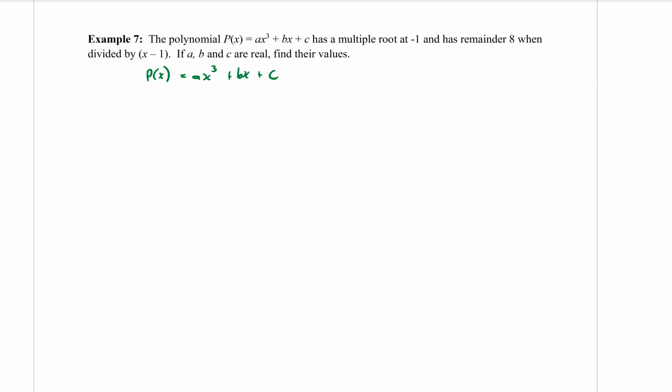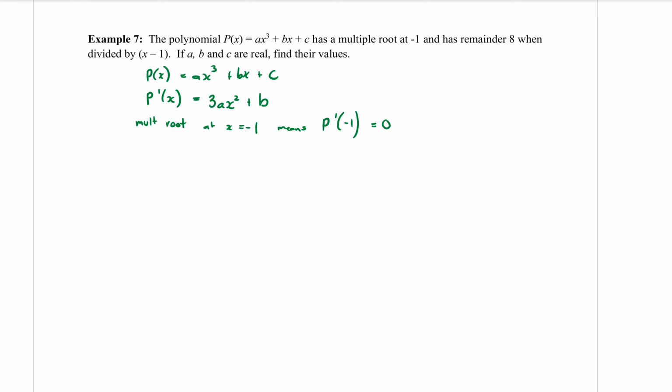So if I differentiate, instead of going hunting for it, let's differentiate, and that would be 3 comes down the front, so it'd be 3ax, subtract 1 from the power, squared, plus the b. Now a multiple root at x equals -1 means that p dash, the derivative at -1, has to be equal to 0.